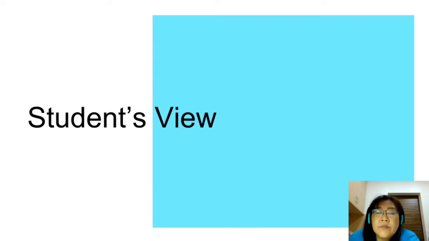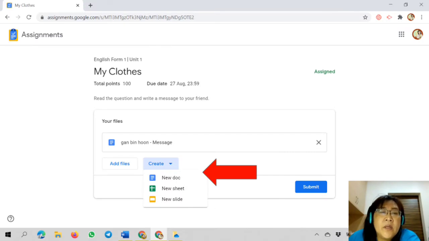Okay, when they receive the assignment, they can see this, English Form 1, Unit 1, so the title of the assignment, and then they can see the total points, and also the due date, okay? Then the instruction. For example, read the question and write a message to your friend.